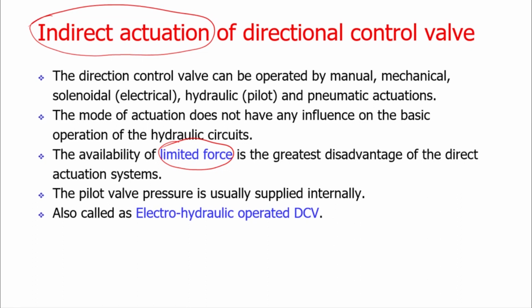There very huge valves are employed, and to operate the valves we need a lot of energy. So in this particular case, we cannot have the direct actuation, maybe manual or mechanical.